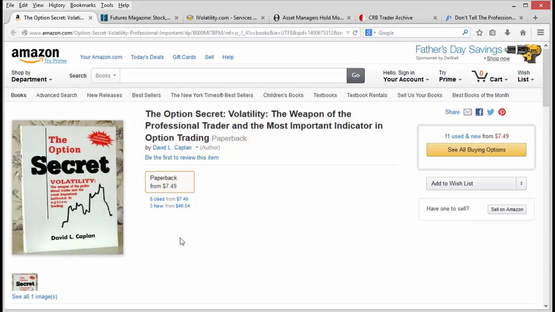Inside of this book, he spoke about these historic lows in the implied volatility, which is where I got that one from. But the forecasting at the end of a market move is what I uncovered myself, this 100% increase in the implied volatility.